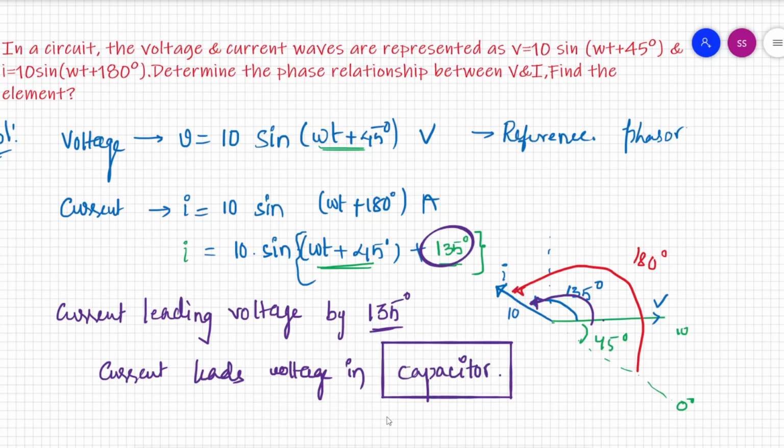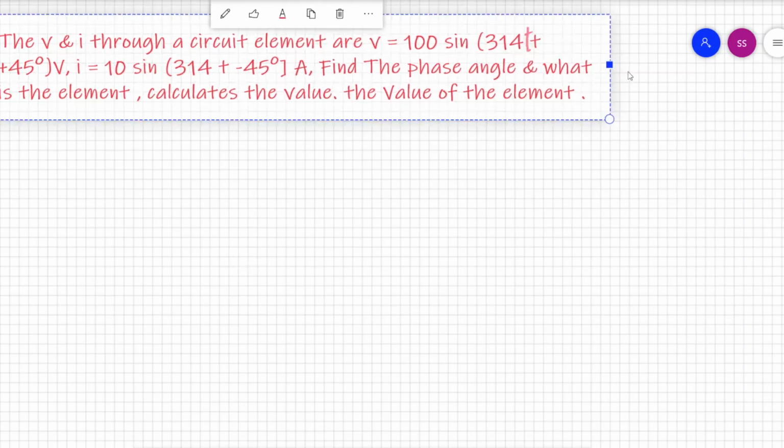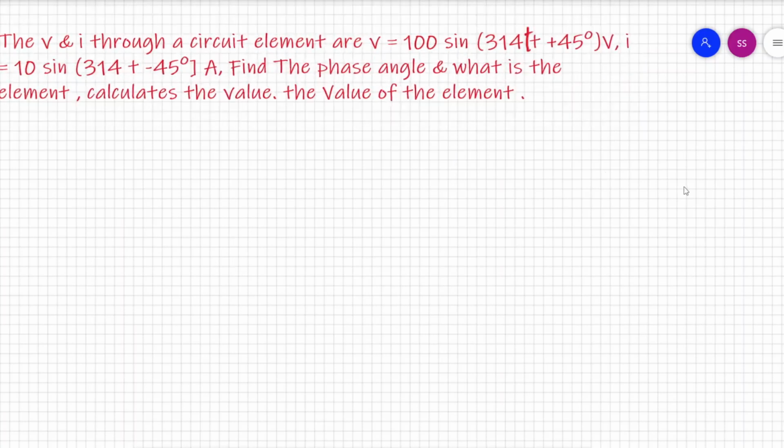Okay, now let us proceed. Here we have a problem. The voltage and current through a circuit element are voltage equal to 100 sin 314 t plus 45 degrees volts, and current is 10 sin 314 t minus 45 degrees amperes.